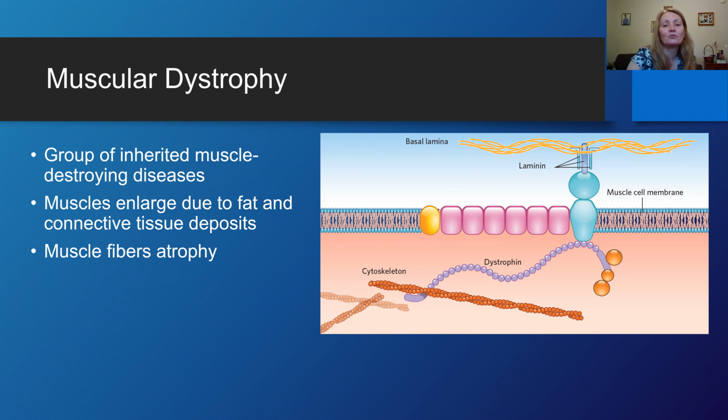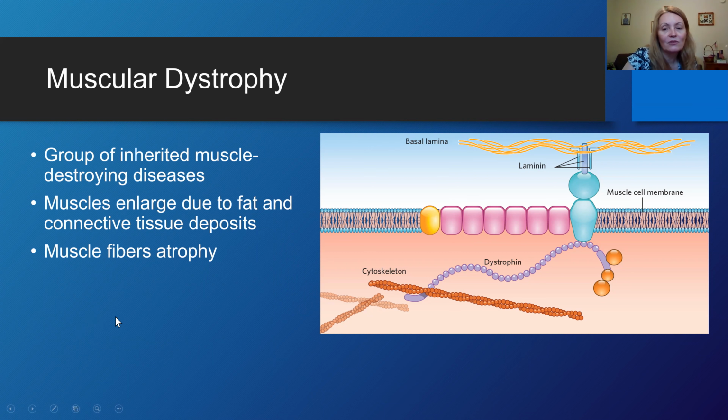But they enlarge due to fat and connective tissue deposits, and fat and connective tissues cannot contract. So when you replace your muscle cells with connective tissue cells, you might replace the volume and the mass, but you cannot replace the function. So you lose the function of your muscles.